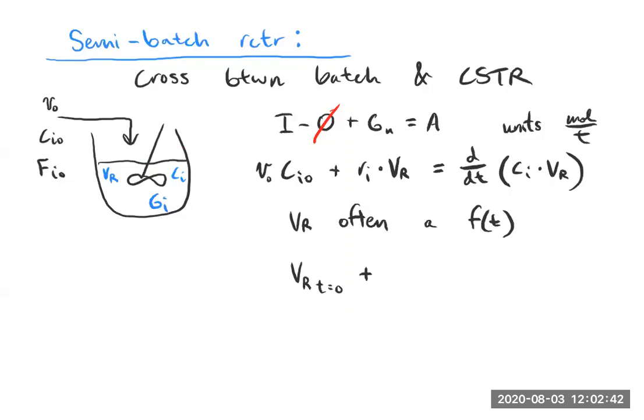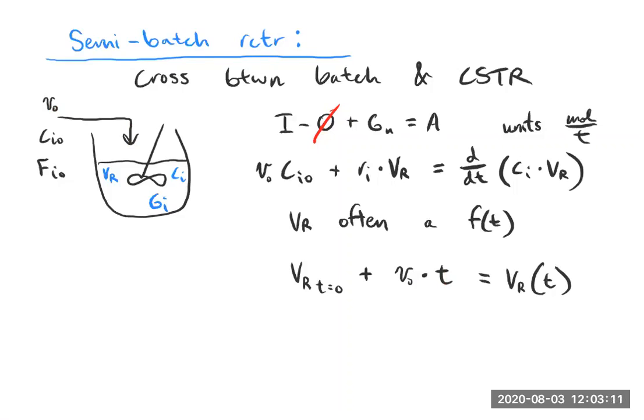And the way it's growing is your volumetric flow rate times time. Because think about it, if you're adding, say, 100 mils every minute, then that's a volumetric flow rate, 100 mil per minute, and the amount of minutes you do it for can help you figure out what your total volume is as a function of time. And so that's what you've got here. You've got VR as a function of time.